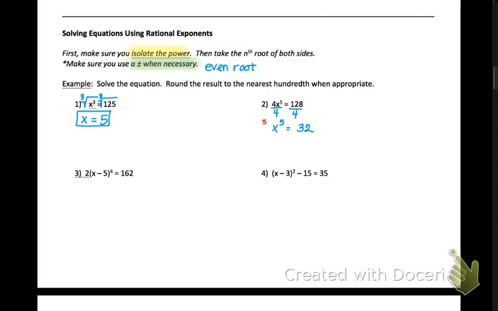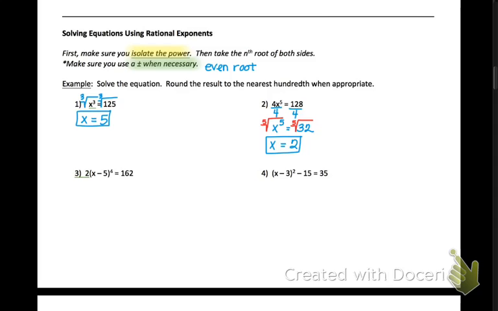To do that, we take a 5th root on both sides. A 5th root is odd, so we do not need a plus or minus. So we get x is equal to, this is another one that comes out evenly, 2. Okay, so they're that simple. It's the same idea as solving any other equation. We just want to get the power by itself, and then we have to do it a little bit differently from there.